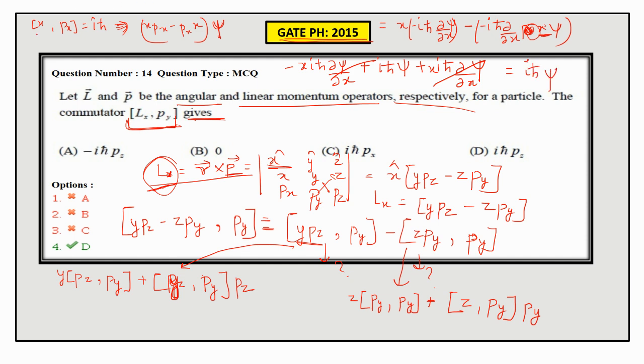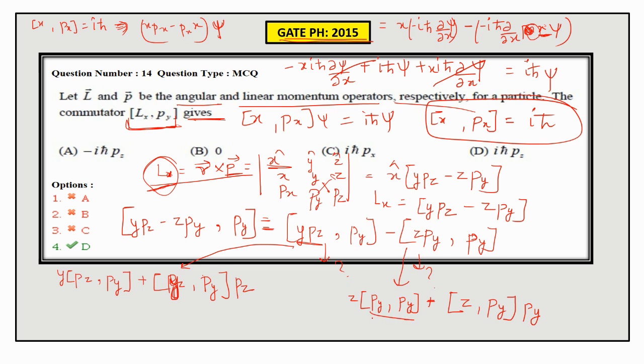If you see the commutator relation, [x, px]ψ equals iħψ, right? So that means the relationship between x and p along the x direction is iħ.